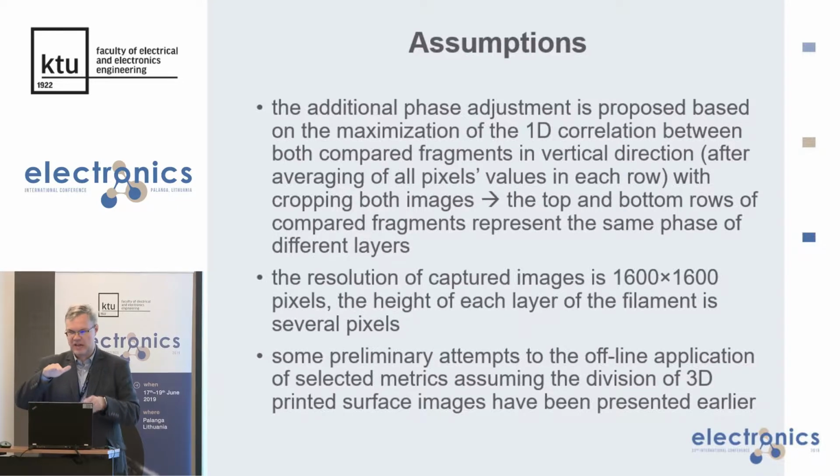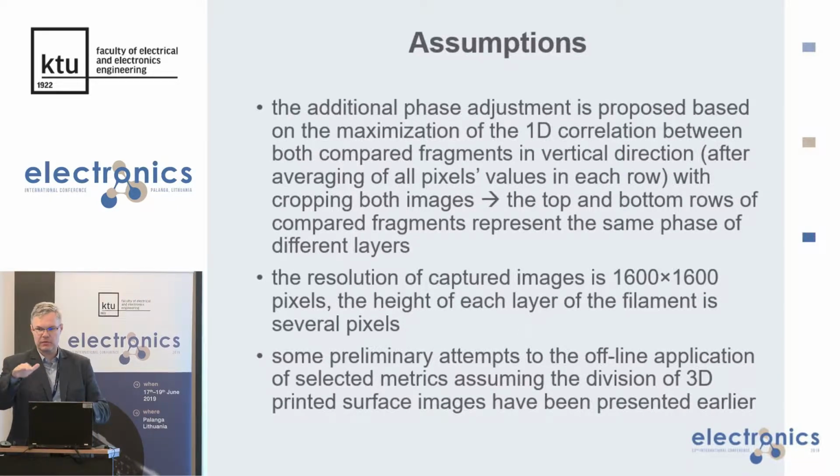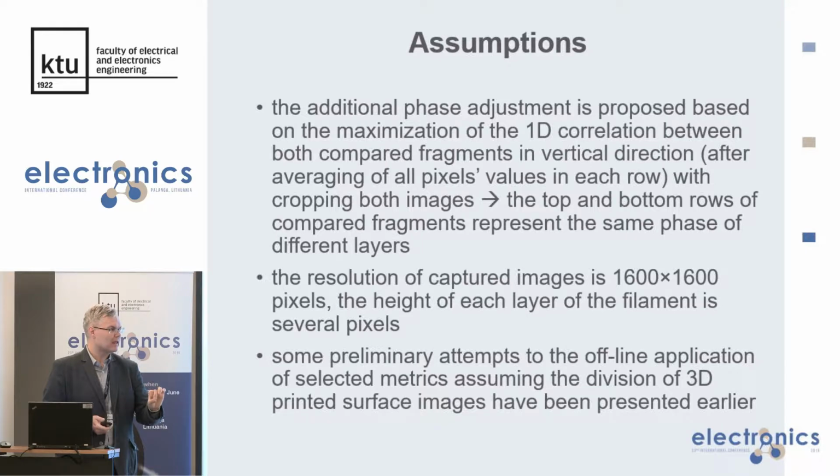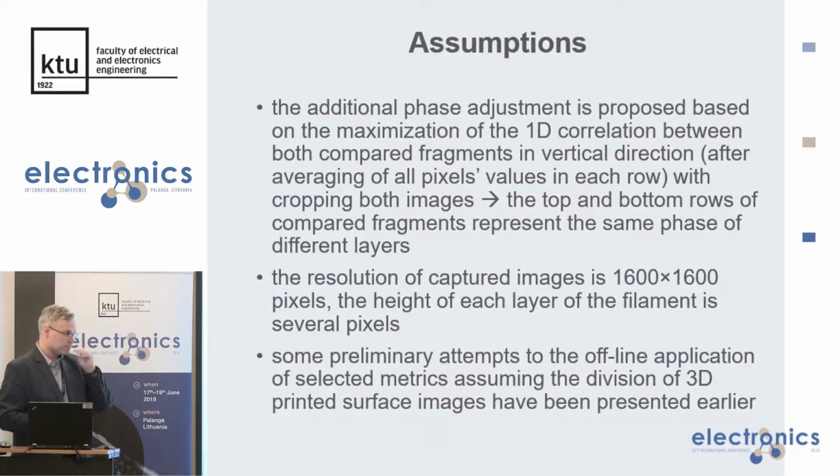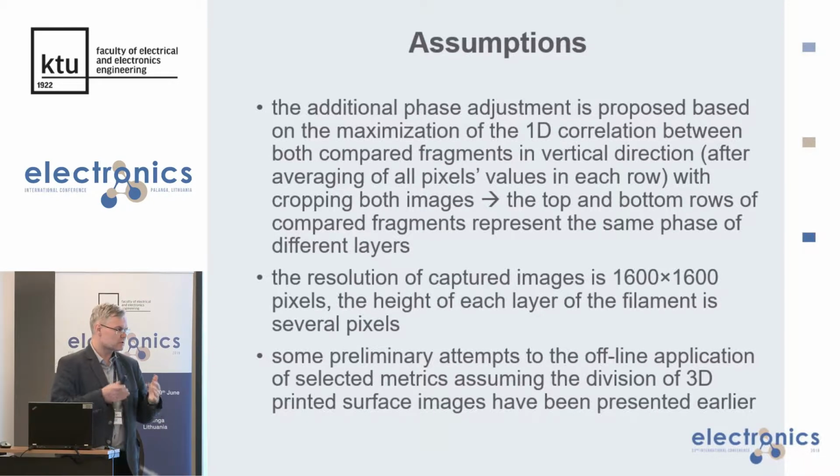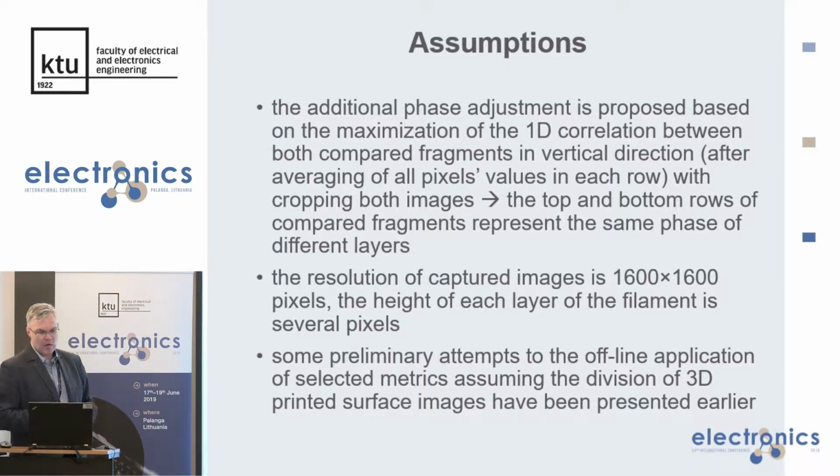So we should adjust the phase of each layer, sometimes just to cut a half or a bit more of one layer. Even if we have a 4x4 matrix of fragments, there will be several layers, because each layer is represented by maybe 15, 16, or 18 pixels, so it's large enough.